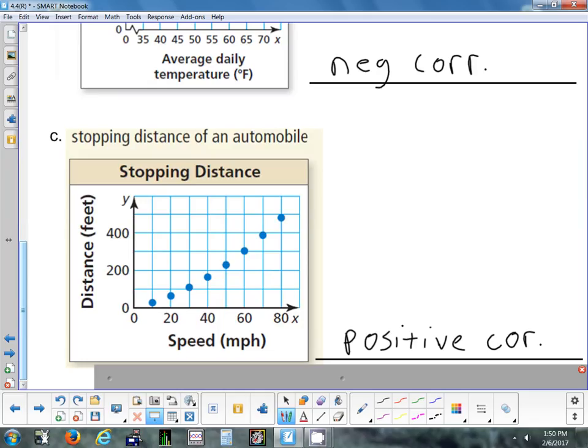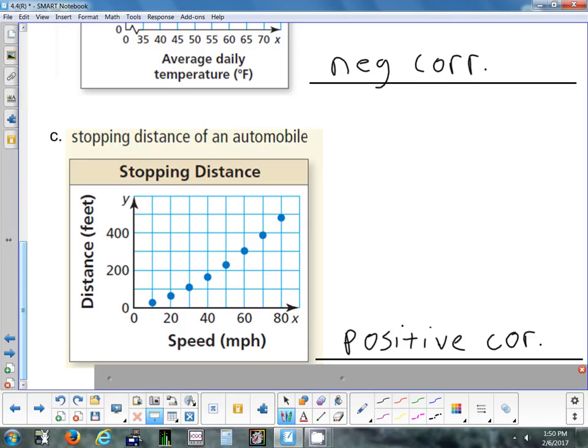But what does that mean? Yeah, so the faster that you're driving, the longer it's going to take to stop.